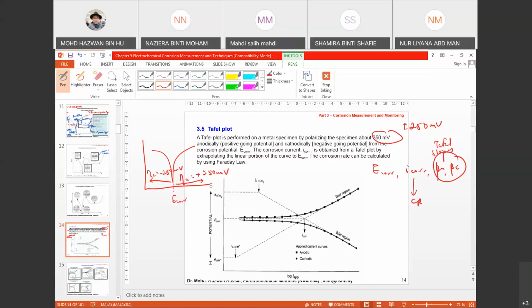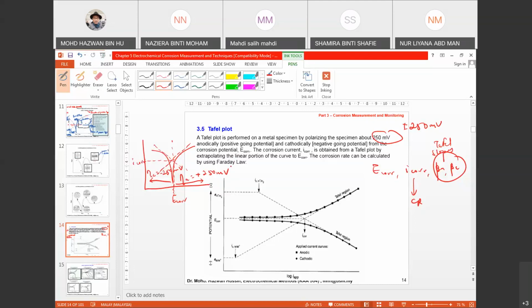So where is all this information? As I said, Ecorr you can get easily from this point. How about Icorr? You can get it from the tangent, the intersection of these two lines.